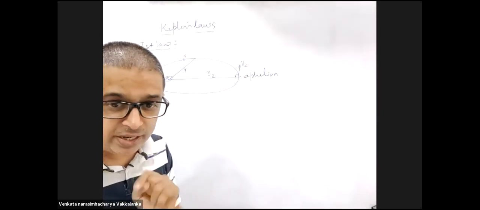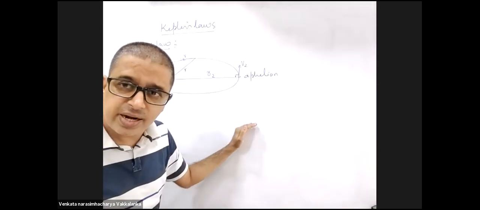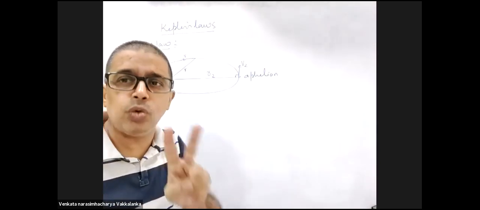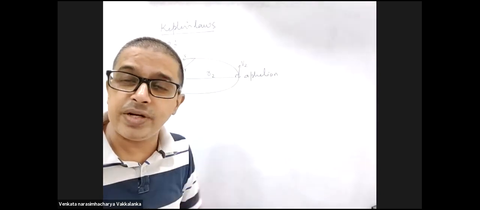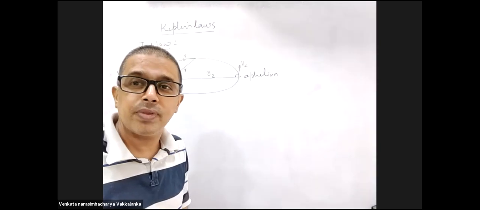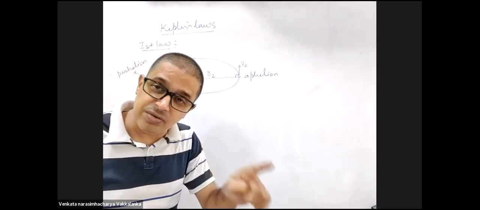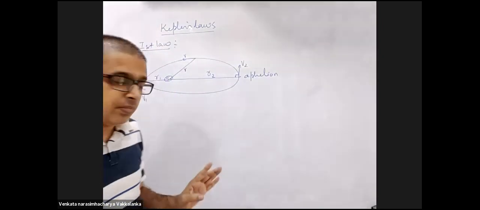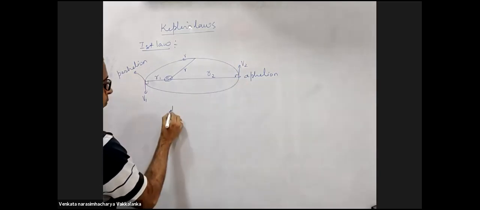Second, please concentrate on this. Every problem in this category will be solved using two equations: conservation of total mechanical energy, conservation of angular momentum. See the first equation. I am writing between these two.